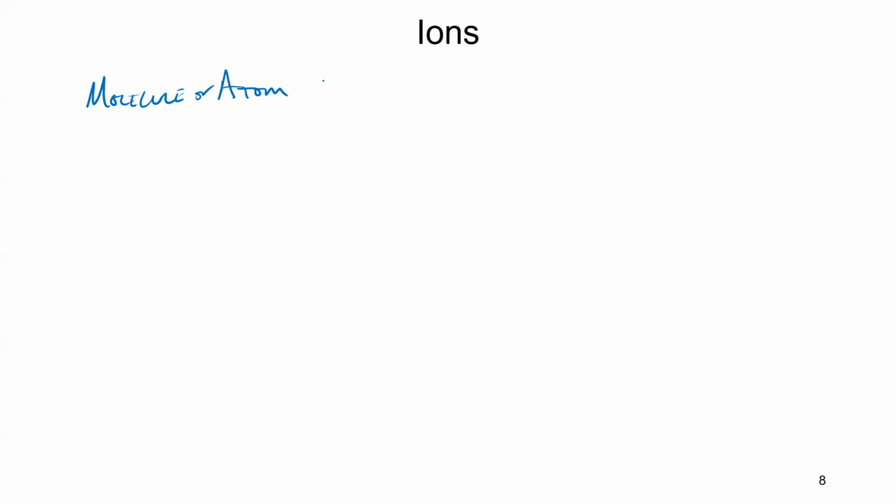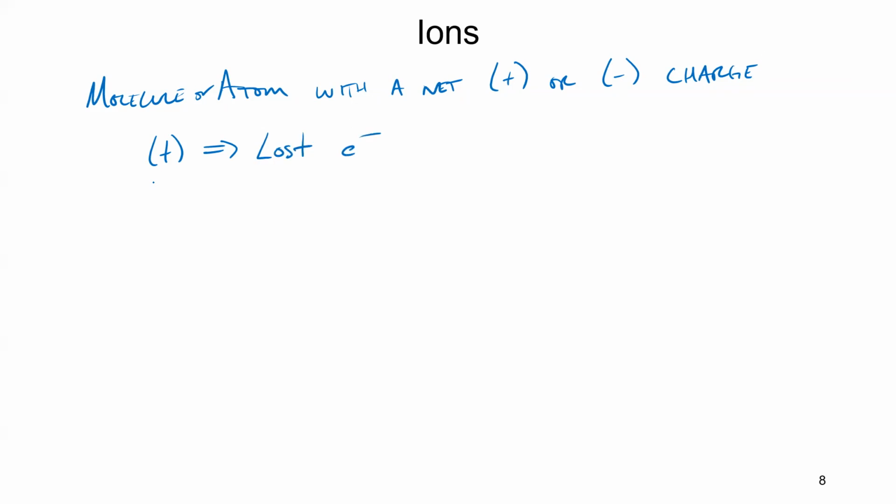And so these are molecular atoms with a net charge, and it can be positive or negative. Right? And if it's a positive charge, did we gain or lose electrons? Lose. That's right. So here we've lost electrons, and if it's negative, we have gained electrons. Right?